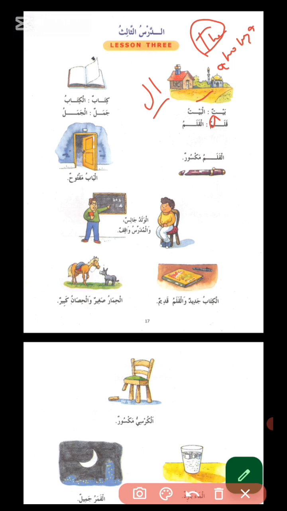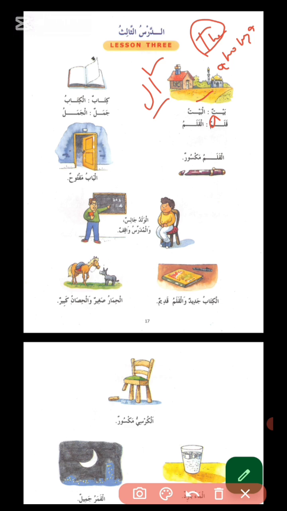Over here, we should learn that when we add a definite article, like we add al at the beginning of a word, at that time we will not double the dhamma. We will not double the o sound at the end of the word, as we double it when we don't add the definite article.